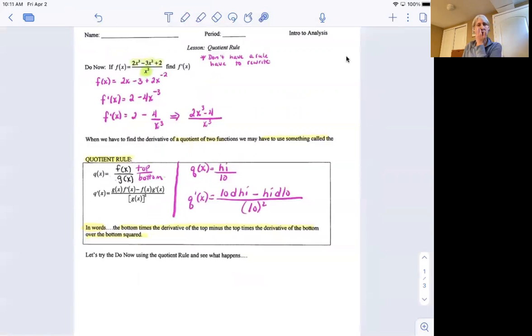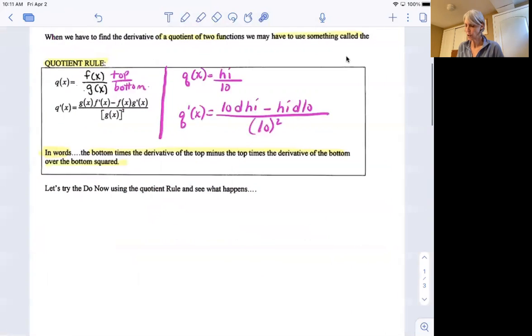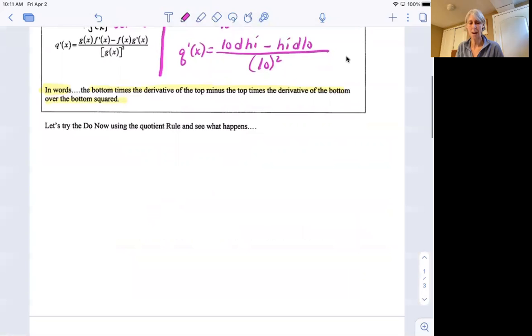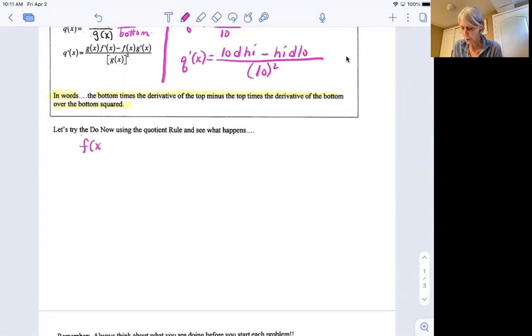So just like we did yesterday with the product rule, let's try the do now using the quotient rule and see what happens. If f of x equals (2x cubed minus 3x squared plus 2) over x squared, that's my top function and my bottom function.